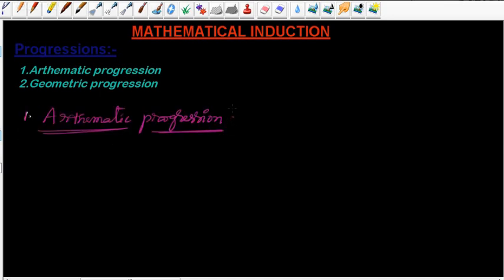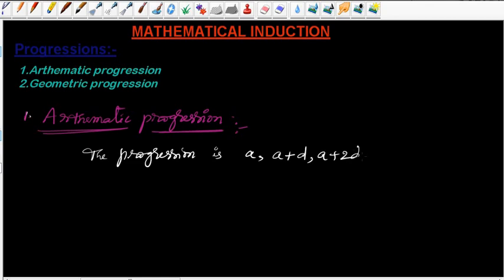Now the arithmetic progression is of the form A, A plus D, A plus 2D, A plus 3D, and so on. This is called an arithmetic progression, simply denoted by AP.